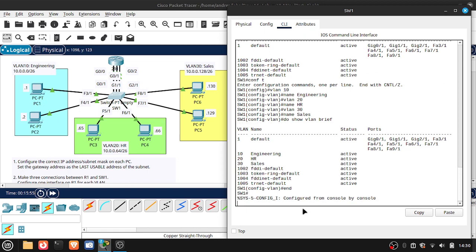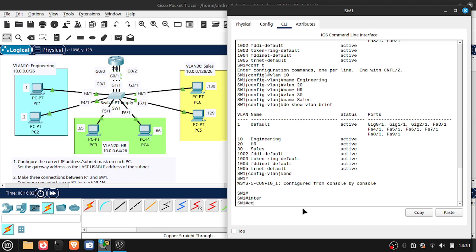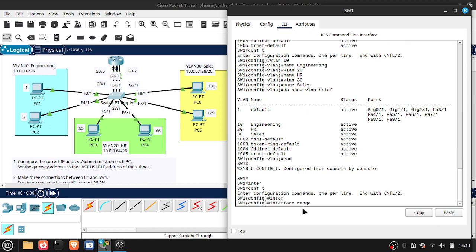We're going to use interface range, because the commands have to match all the interfaces that belong to a VLAN, not interface by interface.